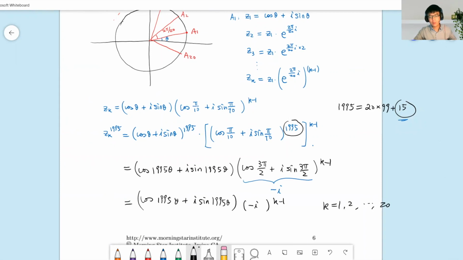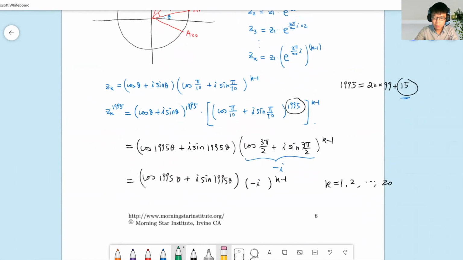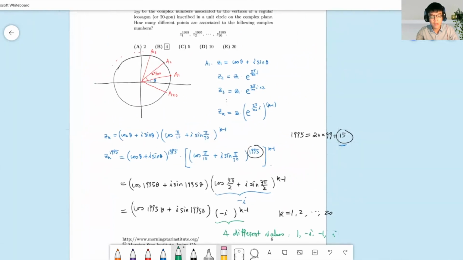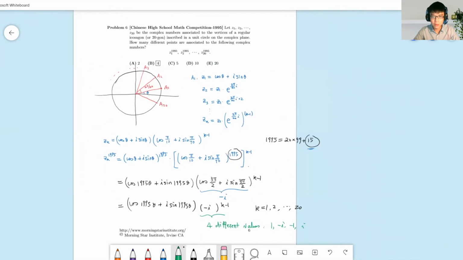We know i is periodic with respect to 4, so the second part only has 4 different values: 1, minus i, minus 1, and i. Accordingly, the original expression has only 4 different values, where k applies to any number from 1 to 20. So the answer to this question is 4.